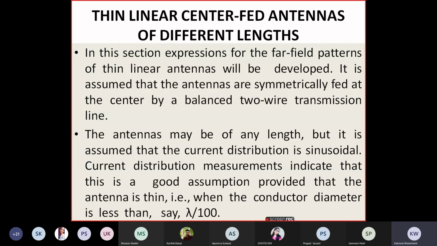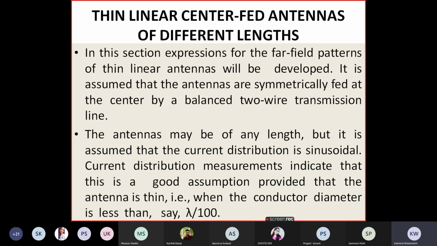Like this, various lengths are considered for the analysis. But it is assumed that the current distribution is sinusoidal for all the antenna lengths. Current distribution measurements indicate that it is a good assumption provided that the antenna is thin.